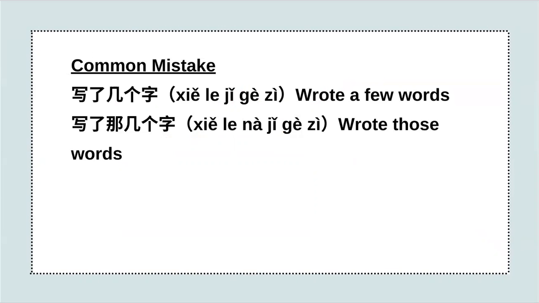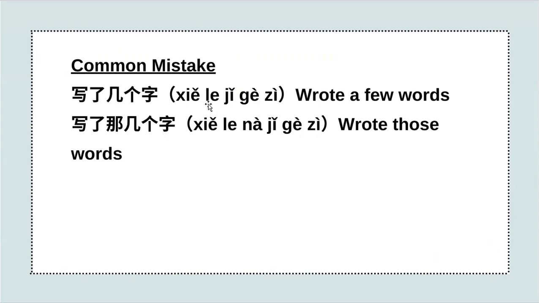Okay, we see these two sentences: 写了几个字，写了那几个字. What's the meaning of 写? 写 is write. 了 means already. So 写了 is write already. Mandarin is very interesting. Unlike English, we don't have a lot of grammar.